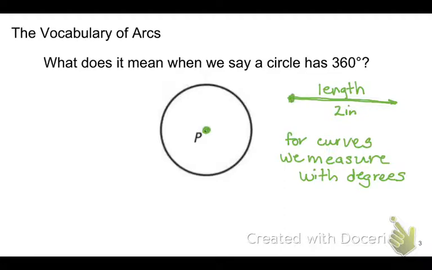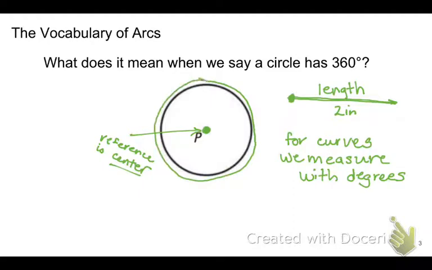We need a reference point for degrees, and in a circle, that's the center. So our reference point is the center. What we want to find out is how long is a curve? How long is this curve that goes around this reference point?